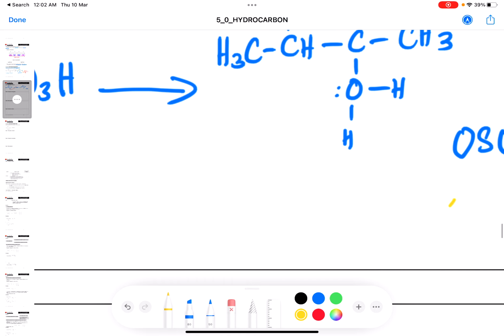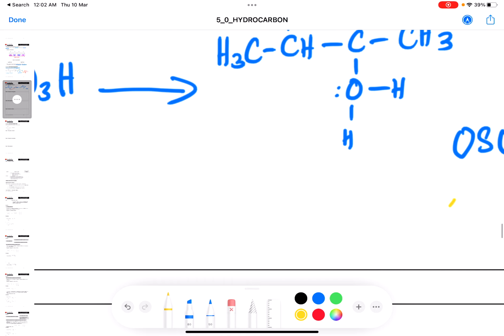Now let's take a look at this side. Oxygen has 1, 2, 3, 4, and 5 electrons surrounding it.